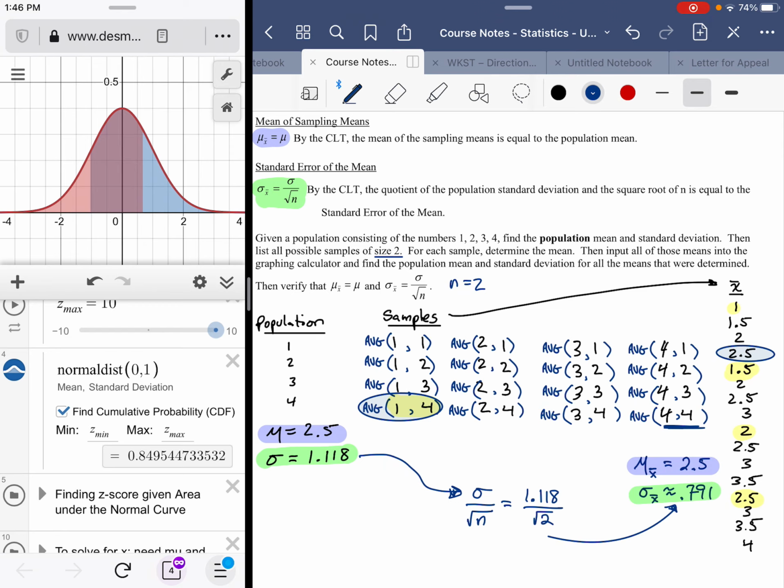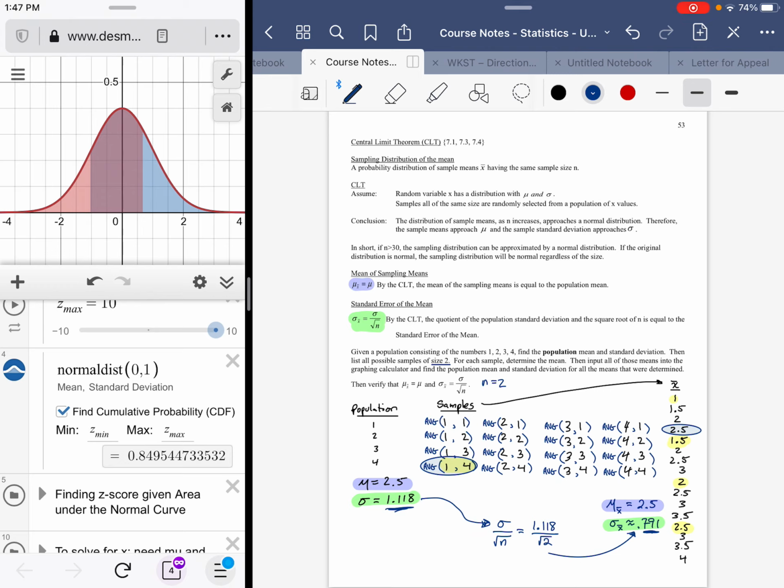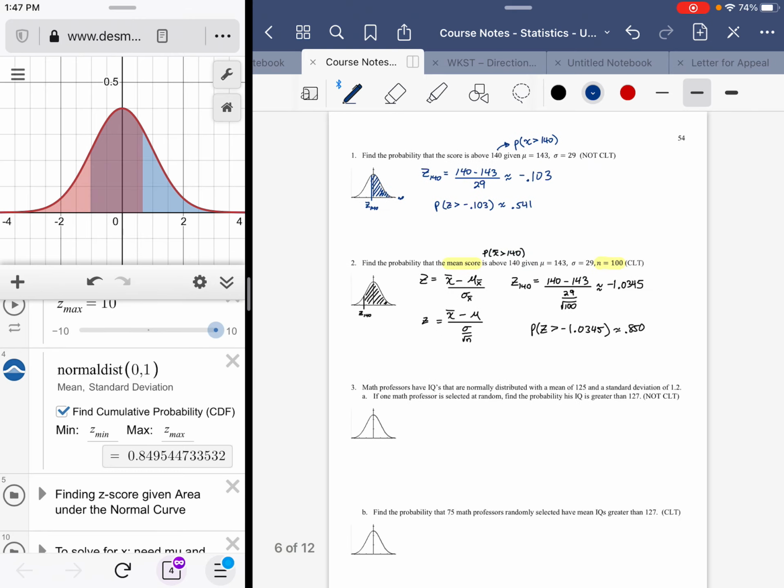All right, so what's happening is the power of the number 4 was lessened by being part of this sampling distribution. All right, and so that decreases the variation. That's why we were looking at something that went from a 1.118 to a 0.791. All right, and so it's always going to be reduced based off of the fact that it's being put into individual samples and means are being taken.